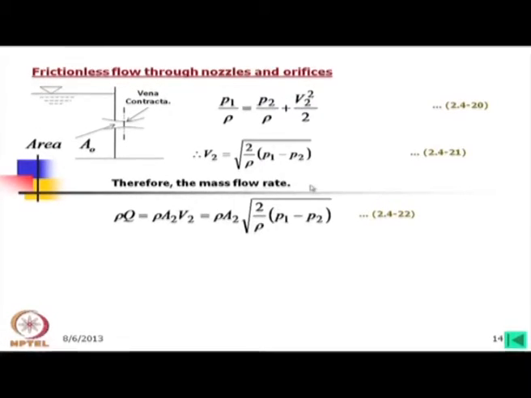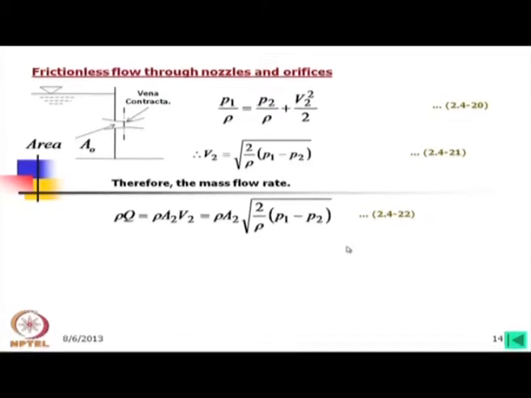Therefore, the mass flow rate can be written as rho Q is equal to rho A 2 into V 2, because A 2 is the area here, which is equal to rho A 2 square root of 2 by rho P 1 minus P 2.